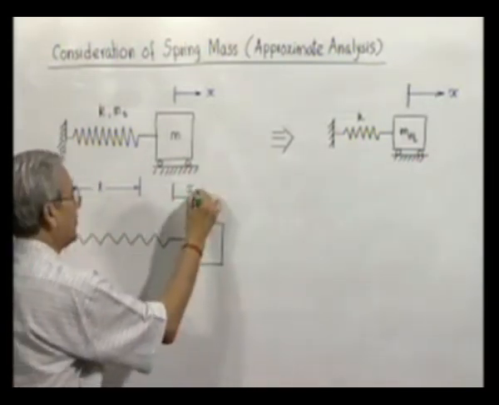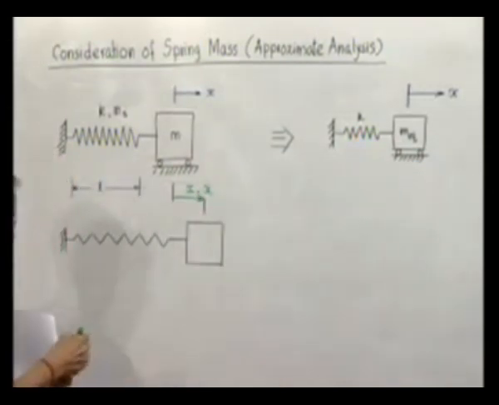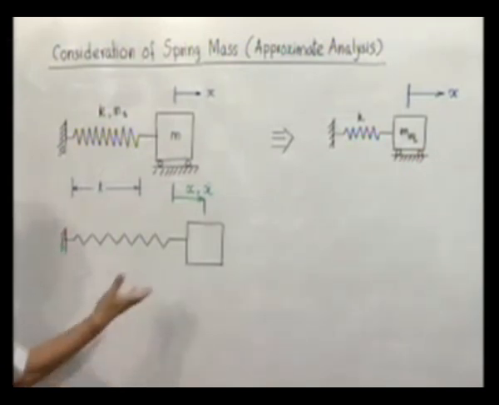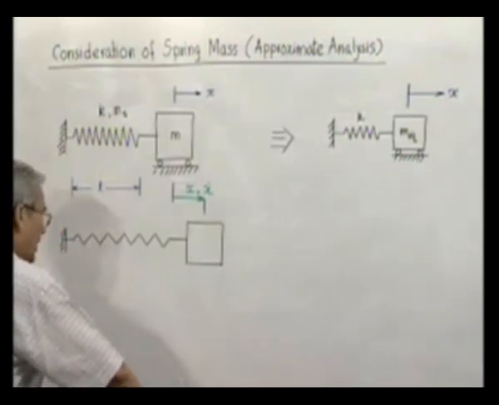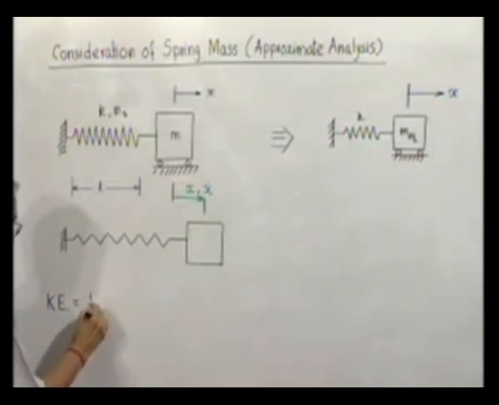Its velocity, of course, is also x dot in this direction algebraically. Let us find out under this condition what is the total kinetic energy of this. Now, the total kinetic energy of this is obviously, first, the kinetic energy due to the block.